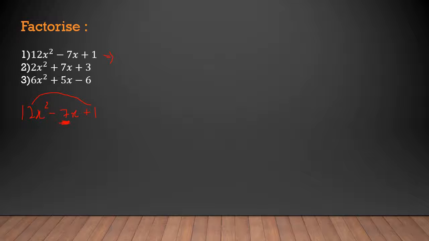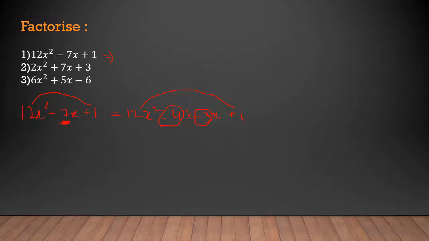The multiplication of x squared's coefficient and 1 is 12. So we have to break the minus 7 such that, here you can see this multiplication is 12 into 1, 12, and this multiplication is minus 4 into minus 3, that is also equal to 12. So we have to break minus 7 in such a way that the multiplication of these two terms equals 12 and the summation of these two terms equals minus 7.